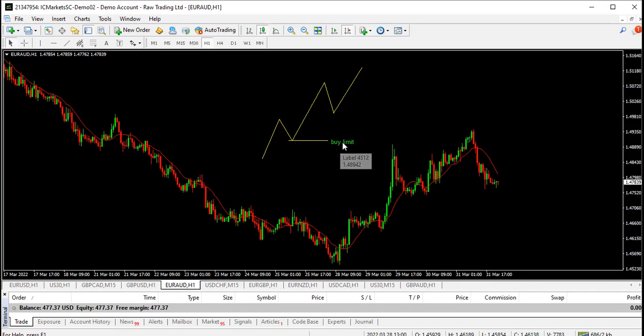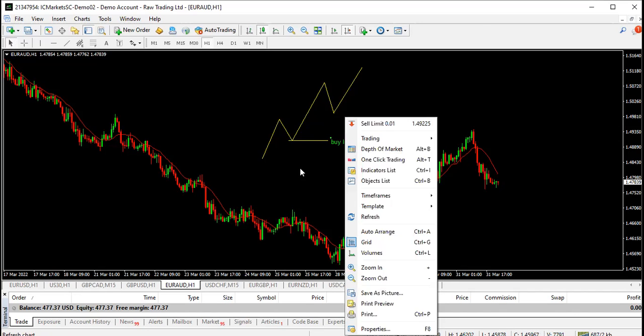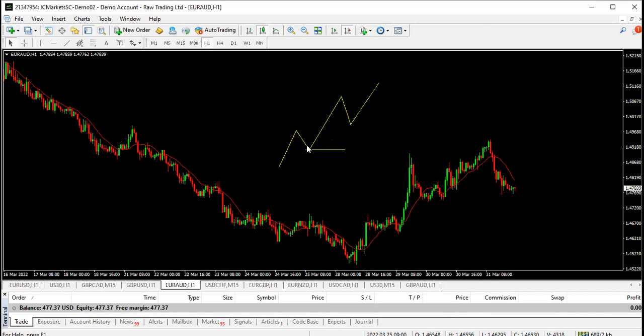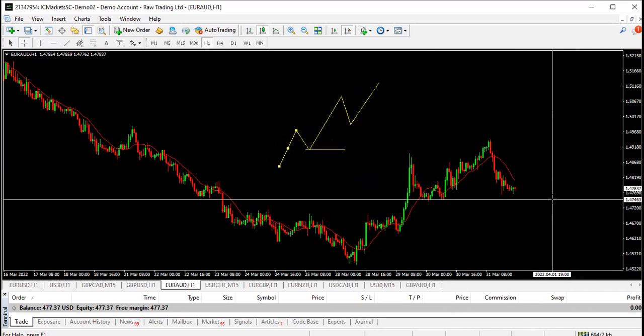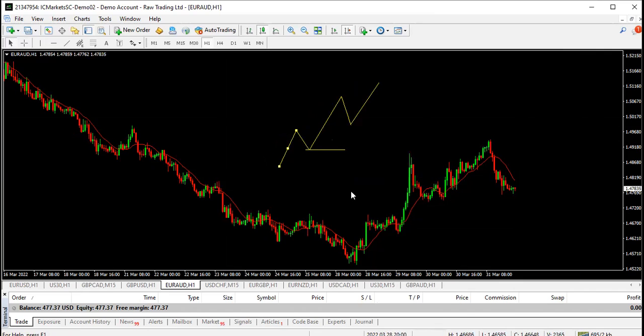Now let's take an example. We look at here. This is the current market price. For this market, we may expect that it may make a correction and move to the upside, and then drop downwards.